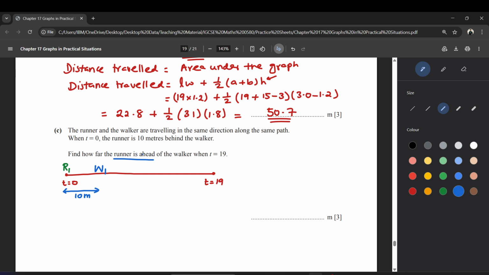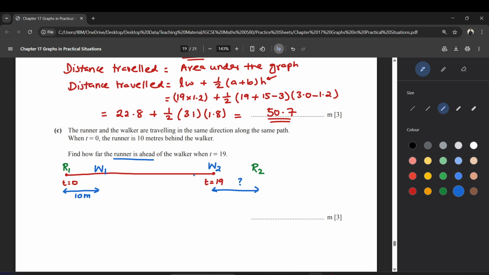So basically he's saying that after 19 seconds the runner is ahead. The runner is going to be somewhere over here, while the walker is going to be somewhere over here. So this is the position, and we need to find the difference in their distances. Both of these are at t equals 19.